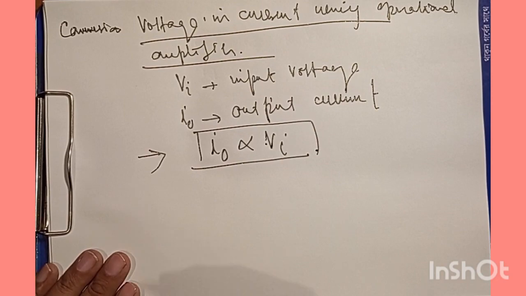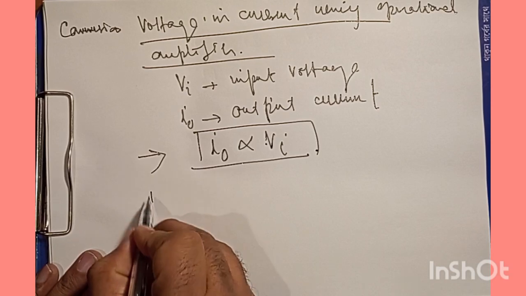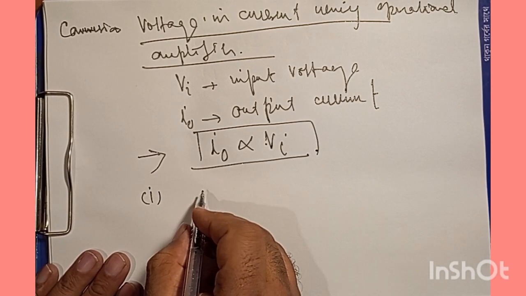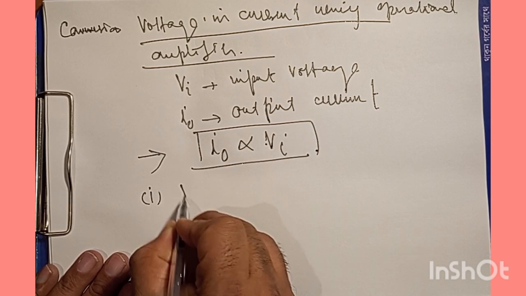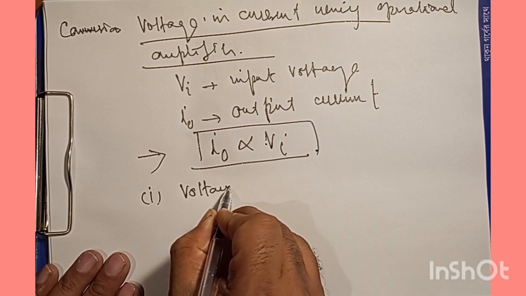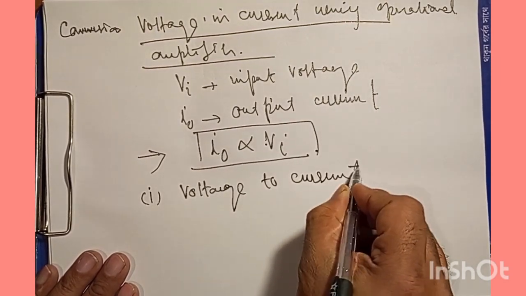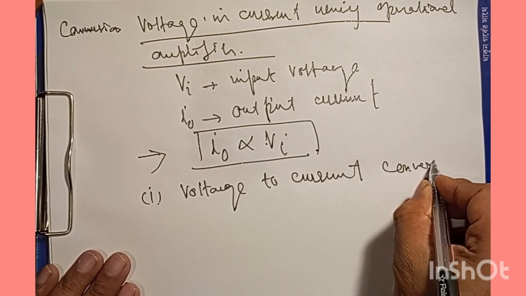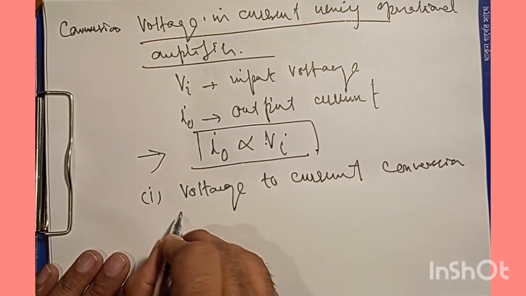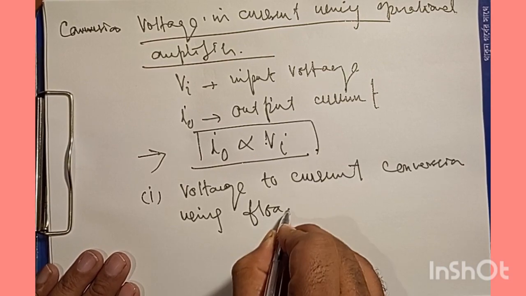Now this conversion can be brought in action by two approaches. The first approach is voltage to current conversion using floating load.